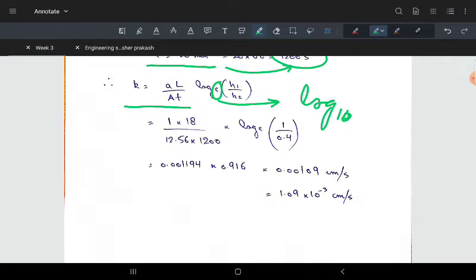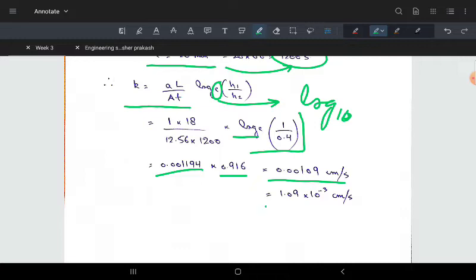So K is equal to 1 into 18 divided by 12.56 into 1200 into log e of 1 divided by 0.4. So it becomes 0.001194 into 0.916. It comes out to be 0.00109 centimeter per second.